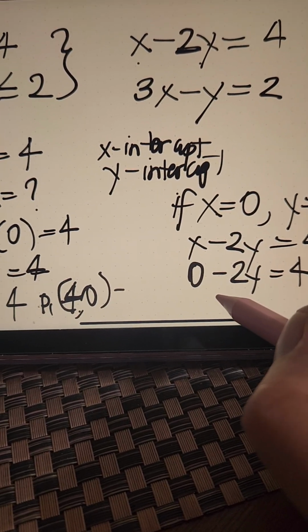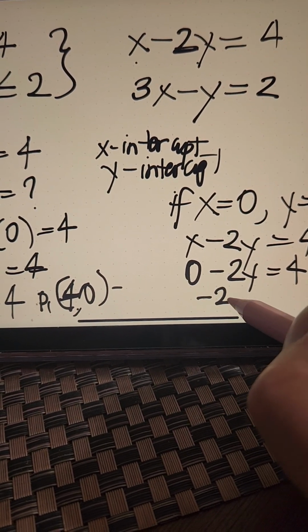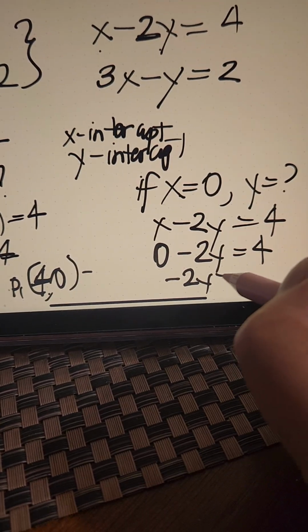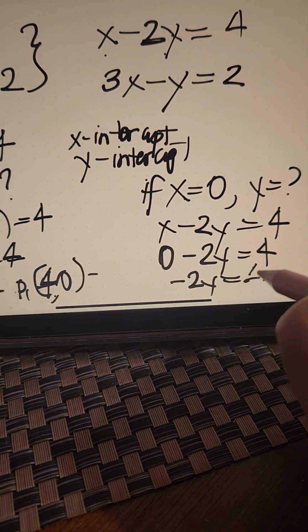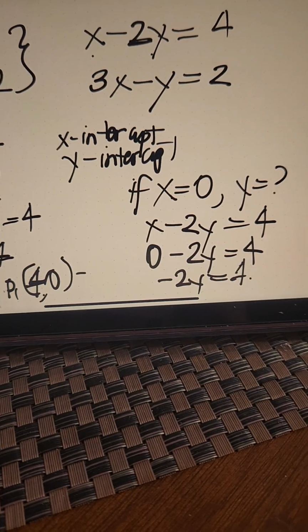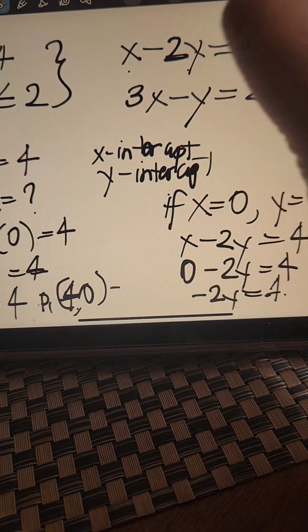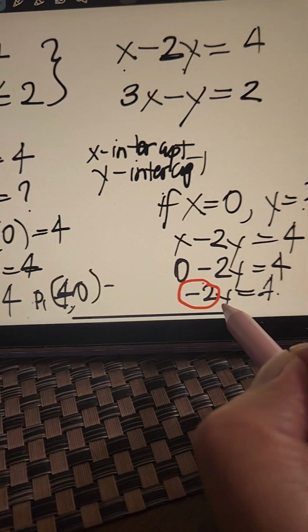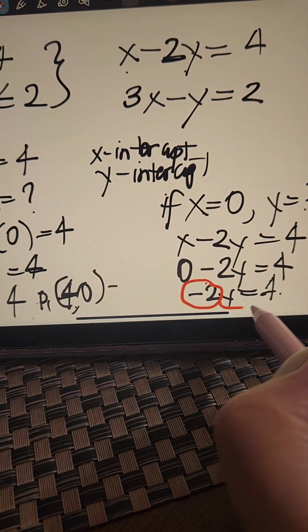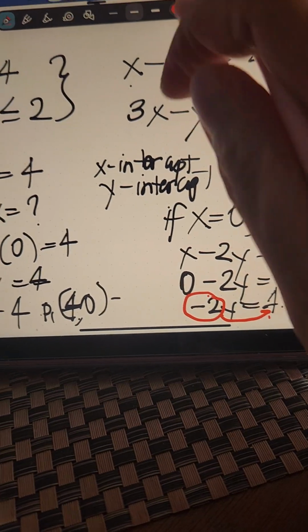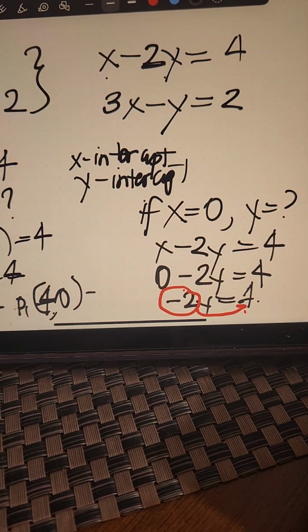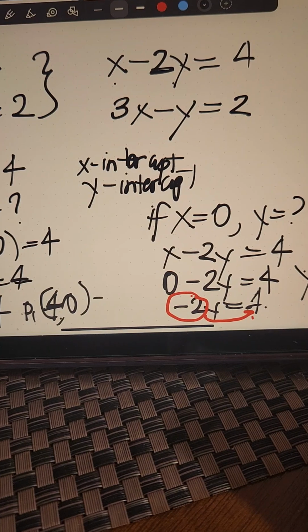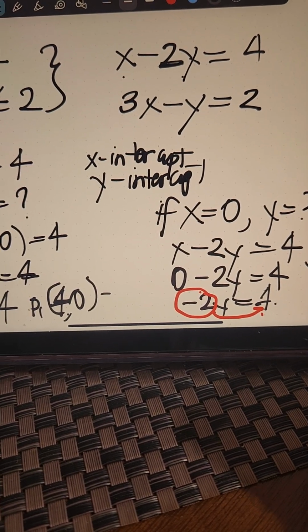So this becomes negative 2y kasi wala na si 0 equals 4. So remember our rule. Okay, so si y lang dapat matitira. So itong si negative 2, multiplication siya, we have to move dun sa kabilang side ng equal sign.